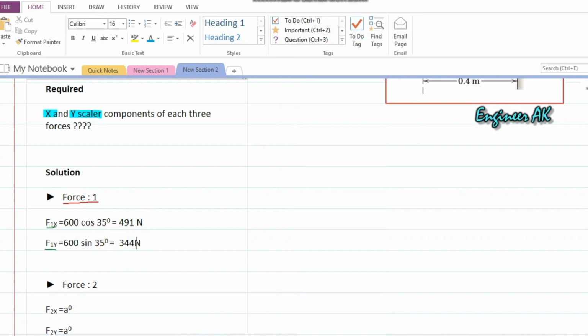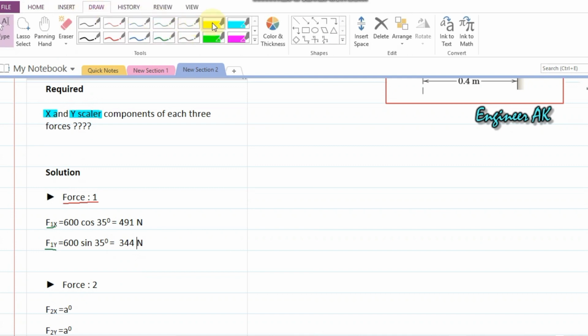So this is the x, and this is the y component, or you can say the x and y scalar components of force 1.